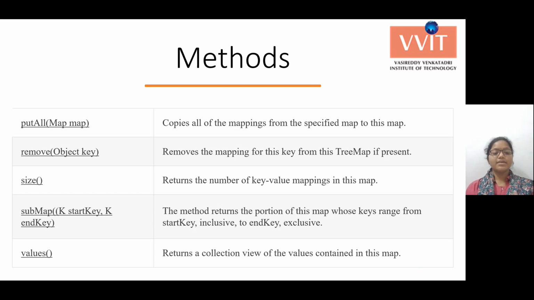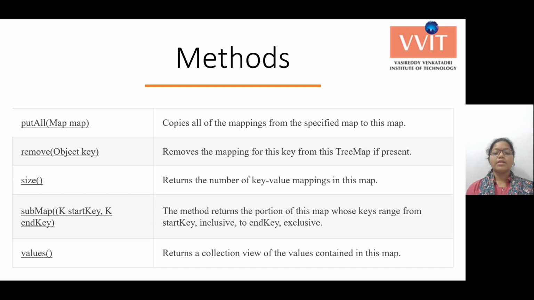That means the start key is included in that submap, but the end key is excluded from that submap. This method is used to retain a portion of this map whose keys range from the start key, included, to the end key, excluded. So to get a small portion of the map, you can use the subMap method.